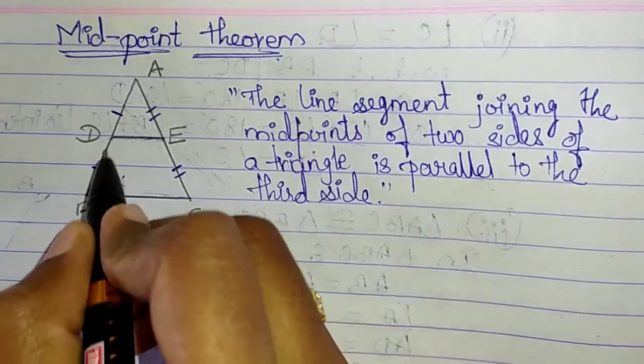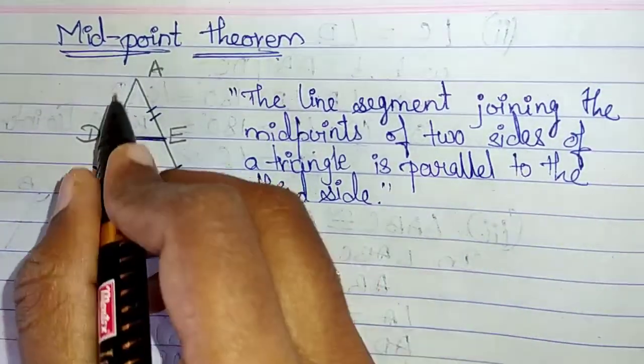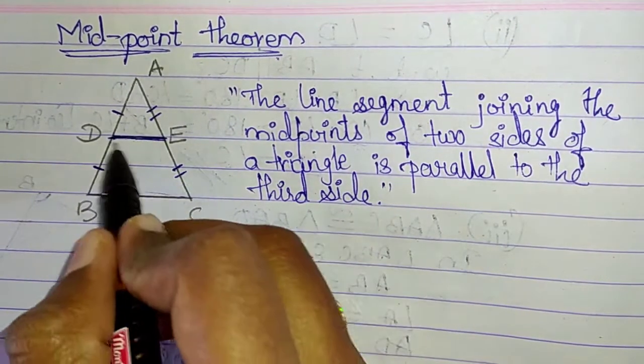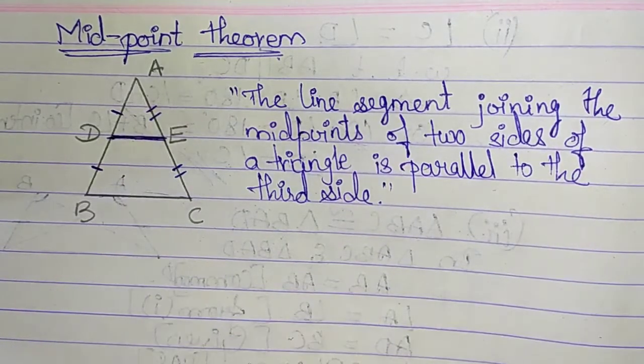So from the figure, DE is the line segment joining the midpoints of the triangle ABC, and DE is parallel to BC. That is what we get from the midpoint theorem.